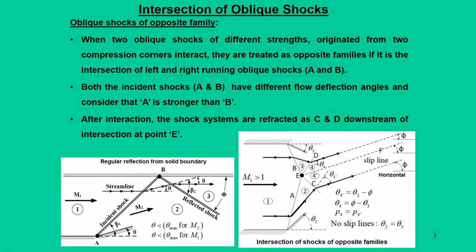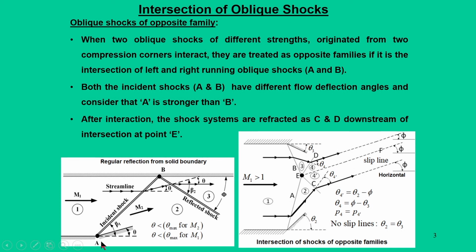If I say opposite family, I mean, as I mentioned in my last lecture, we have left running waves and right running waves, and when both of them interact or intersect, then we can say it is an opposite family.